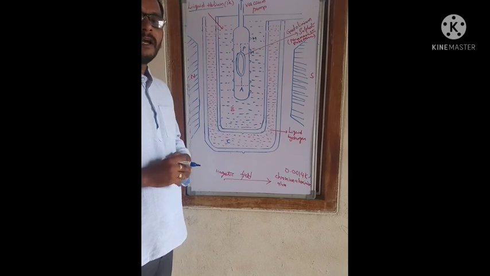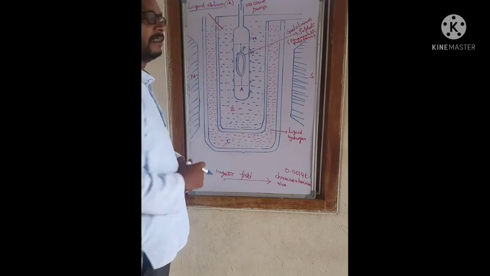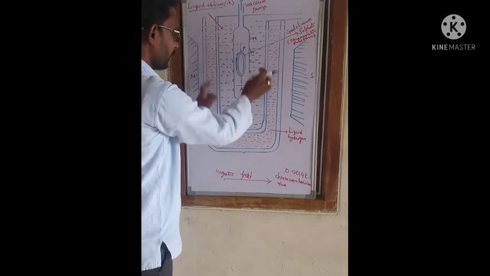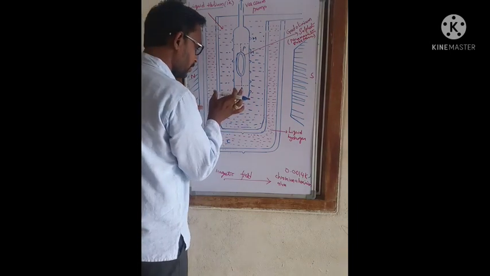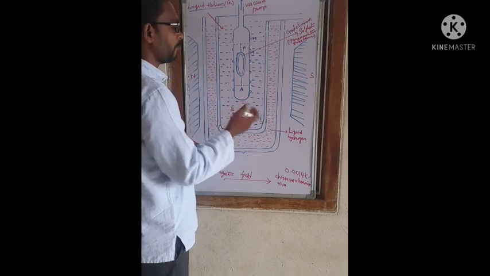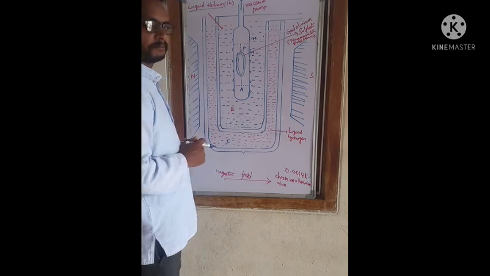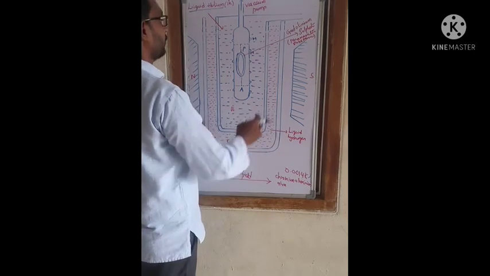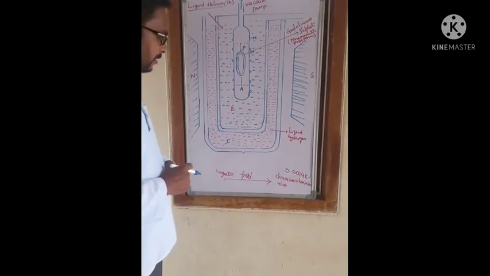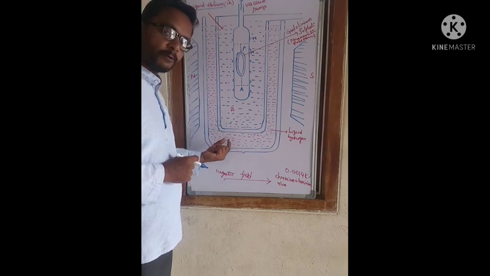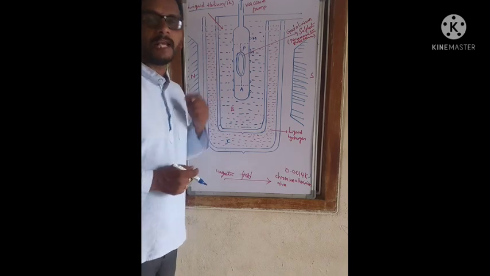That liquid helium is taken in the Dewar flask B. Again, this Dewar flask B is surrounded by another liquid, liquid hydrogen. I am taking the hydrogen liquid in the Dewar flask C, and in the Dewar flask B, I am taking the helium liquid which is at 1 degree Kelvin.